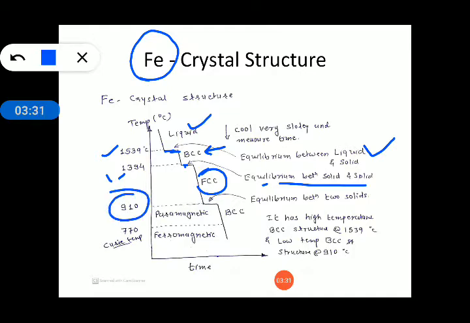Then if it cools down much more, it will reach 910 degree centigrade, and at that temperature again equilibrium between the two solids is there, and the FCC structure will transform into BCC structure.